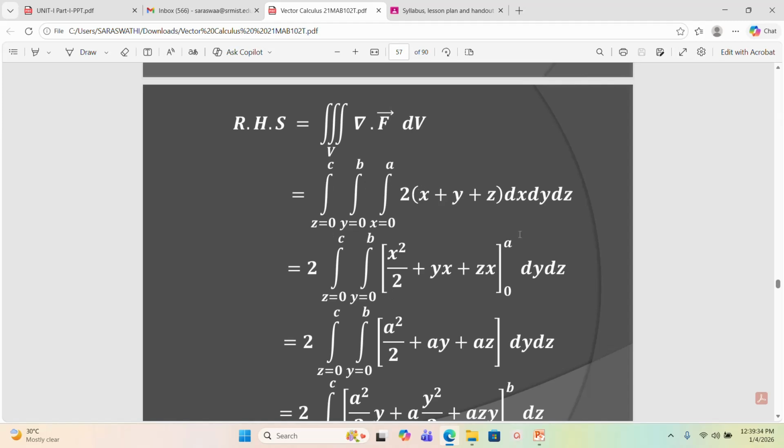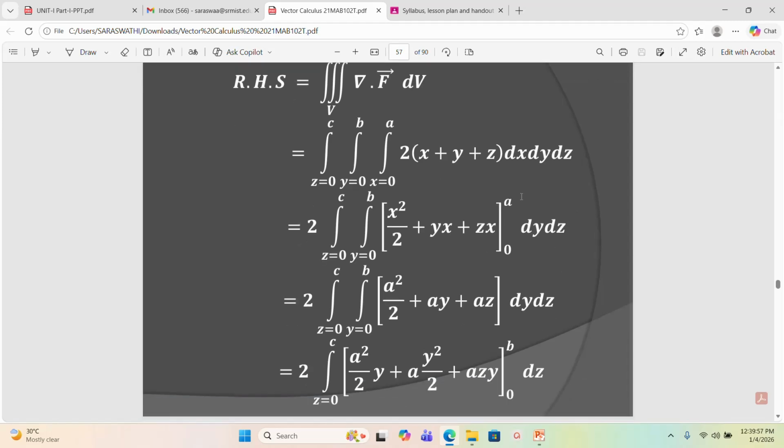Now integrate 2 into x plus y plus z dx. Integrate: 2 is the constant, x dx is x square by 2, y dx is xy, z dx is zx, with limit from x equal to 0 to a, dy dz.